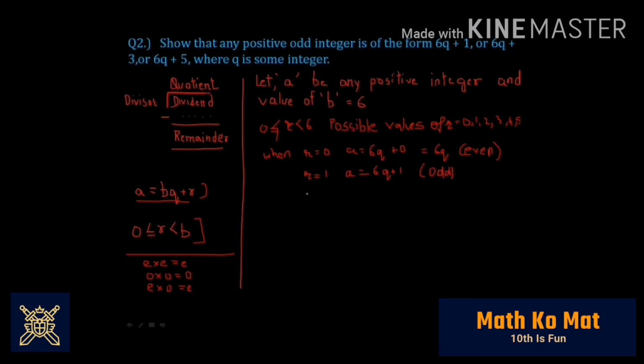Similarly, when r is equal to 2, a is equal to 6q plus 2. And as we already know, 6q is even and the sum of two even numbers will always be even.